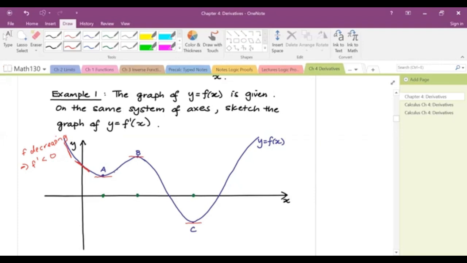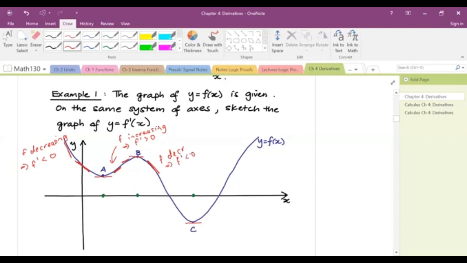Over here, if I put a tangent in between a and b, I can see that the function is increasing here, f increasing. And that then means that the derivative is positive. So it's positive, but it's becoming less positive. Okay, over here, between b and c, the function is decreasing again. So that implies that f prime is less than 0.